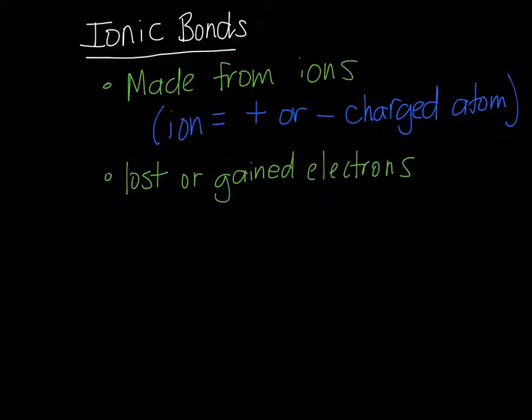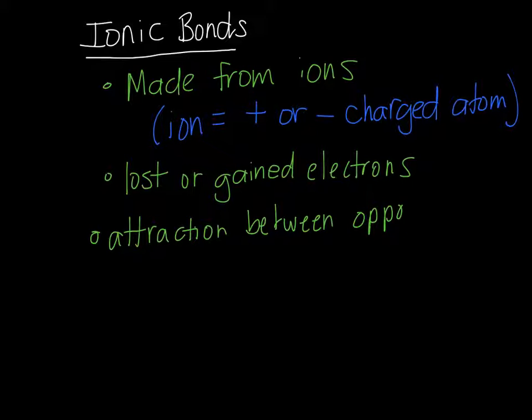When atoms lose or gain electrons and they become positive or negatively charged, if you have one of each, one positive and one negative, then you get attraction between those opposite charges. And that's the force that holds these bonds together.